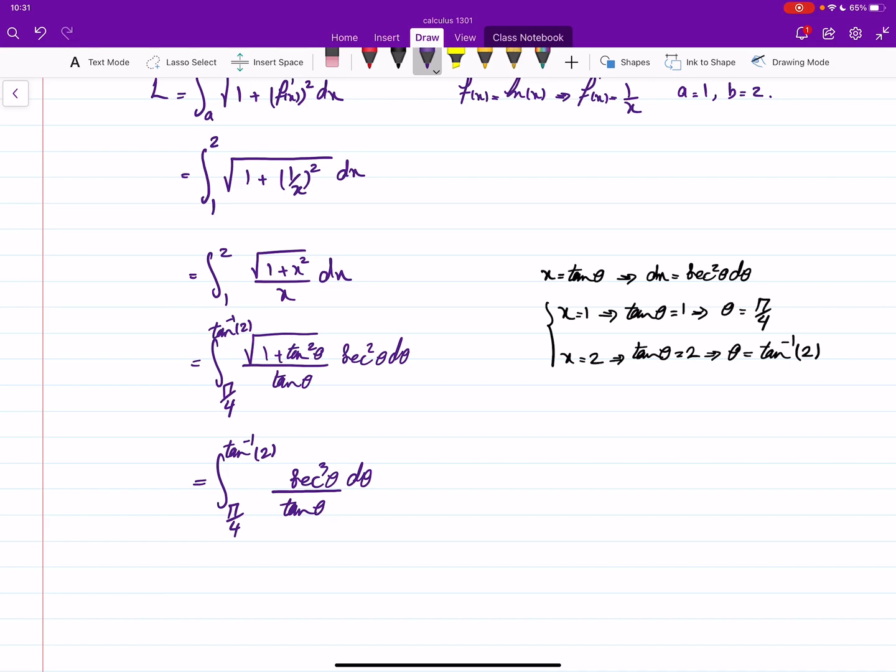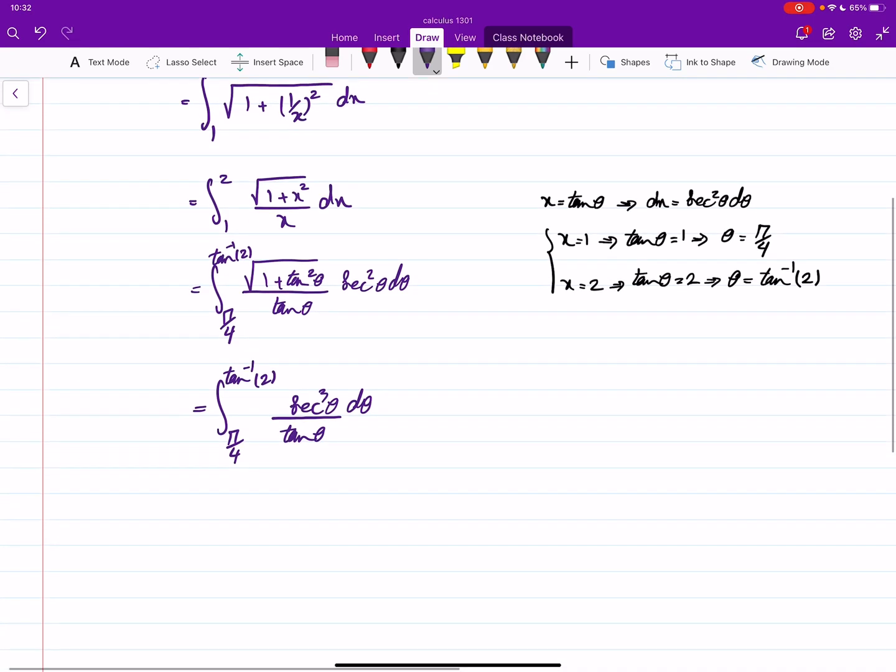Now we have a trig function to integrate. It's not one of the forms that we always have in mind. But what we can do here is start with simplifying.